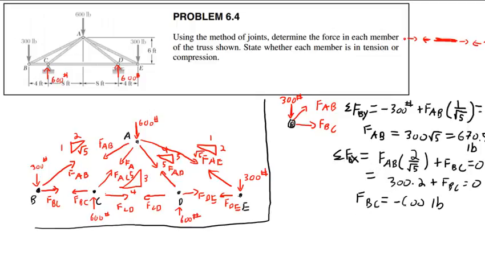Negative 600 pounds. Yes, compression. This is compression. Yeah, and this one is tension. So this one, you know what, I'm just going to go ahead and label some of these. I'm going to say this is 600 compression. And by symmetry, this is also 600 compression.